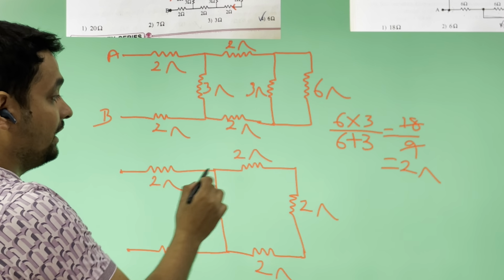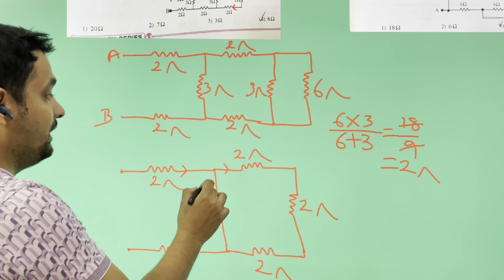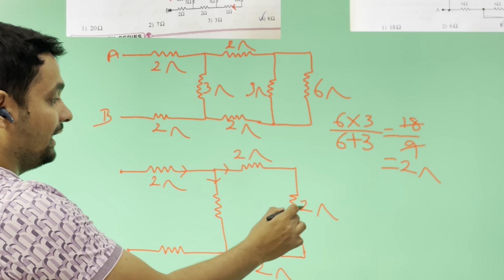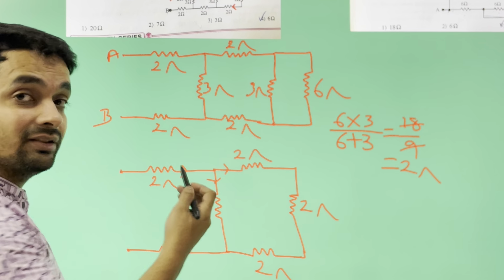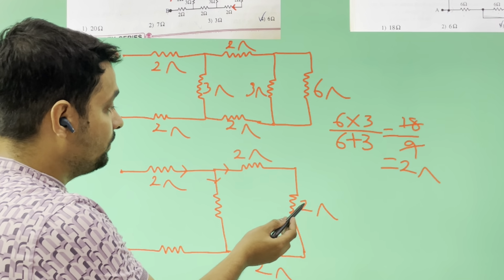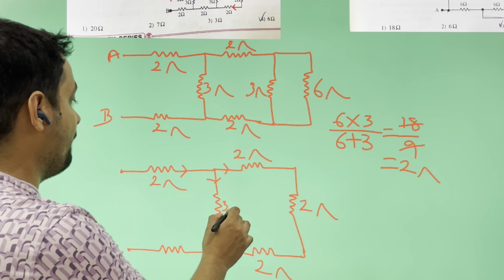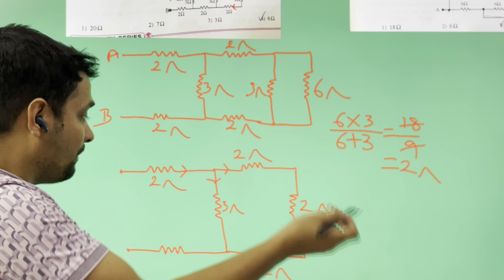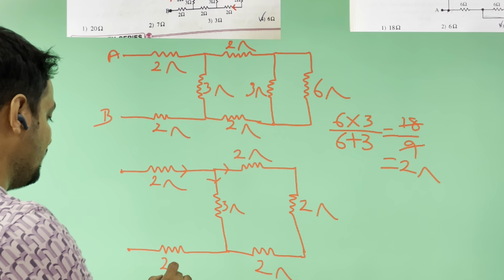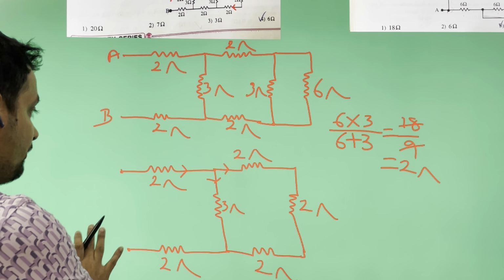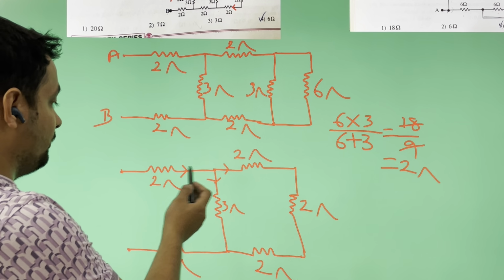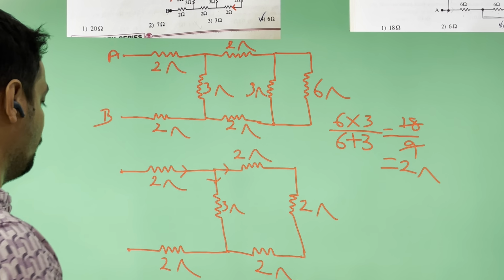Now the current will divide here, and the same current goes through these three resistors. So these three resistors are in series, so it will be 2 plus 2 plus 2, which is 6 ohm again, and then 6 ohm will be parallel to 3 ohm. The same thing is repeating again. So simply we can say the answer without solving this much. Finally, R equivalent will be 6 ohm.